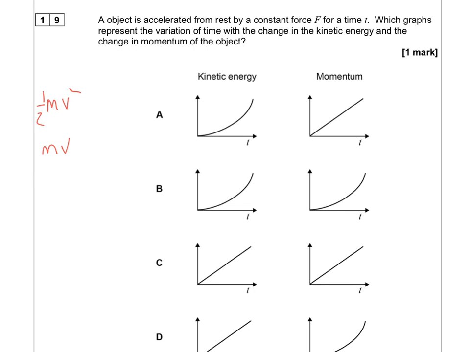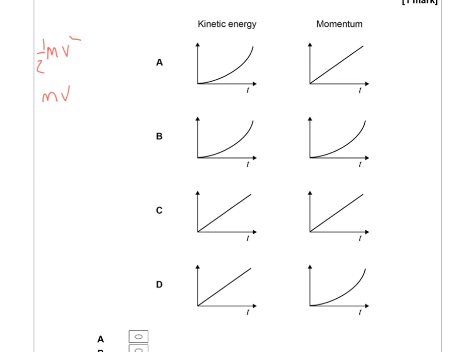So what we're looking at is the variation with time as the velocity changes, and it's accelerated by a constant force, so that means acceleration is going to be constant. So the increase of velocity is going to be linear, which would mean the increase of momentum is going to be linear. So if we look at these options here, anything which suggests momentum is not linear is going to be wrong.